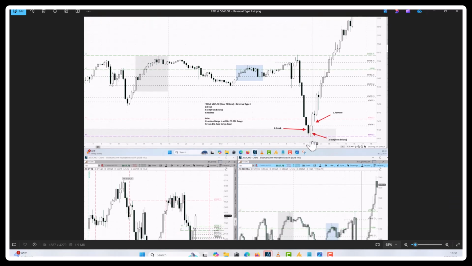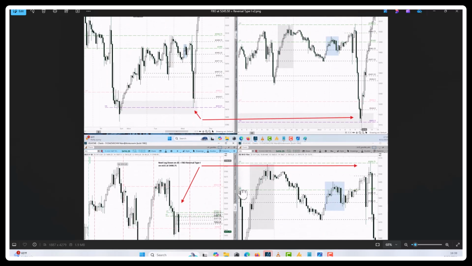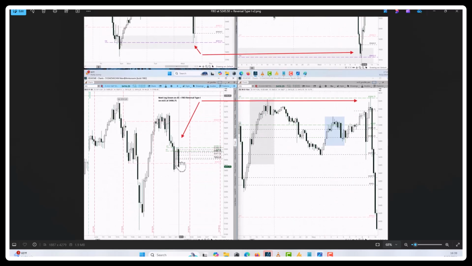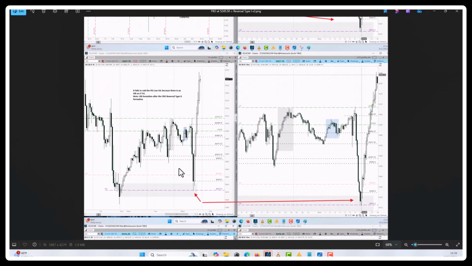So we see the manipulation right there into an order block. Then it reversed. At first it looked like this. You see that? Those are down close candles, but it reversed because it hit into the 1-hour time frame, 4-hour time frame order block.